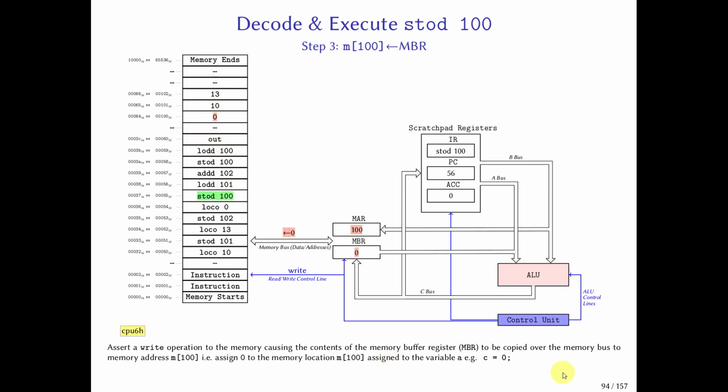After we have executed loco 0 followed by stod 100, that's effectively equivalent to the high level statement C equals 0.